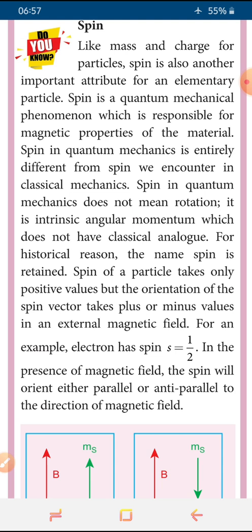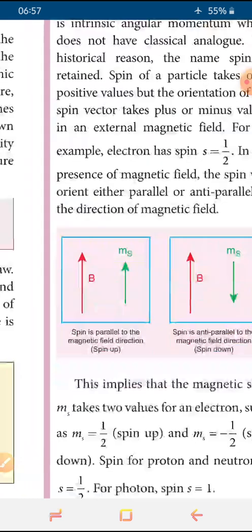Once again we are recalling, spin does not mean rotation, it is called angular momentum. Also keep in mind, there is no negative term in spin, but we use negative only in vector notation. For example, S equal to half is the value of electron spin, and the spin will orient either parallel or anti-parallel to the direction of the magnetic field. So two cases may be there.